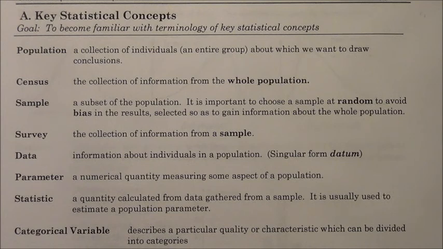A categorical variable is some sort of a quality, not a quantity, which is numerical, a quality or a characteristic that we divide into categories. So if you want to find, for example, the people who like different colors, the colors would be the categories.